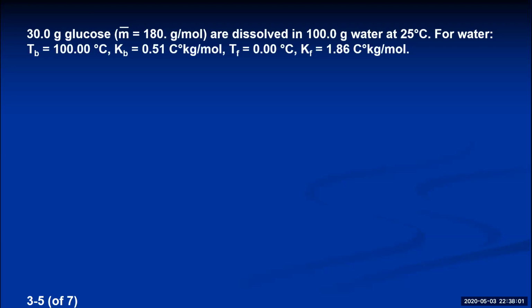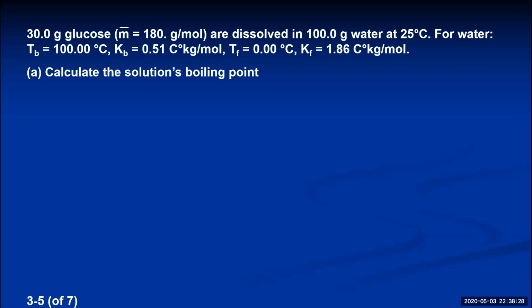For water, its boiling point is 100.00 degrees Celsius, T sub B is boiling point. Its K sub B, molal boiling point constant, is 0.51 Celsius degrees kilograms per mole. Its freezing point, T sub F, is 0.00 degrees Celsius. And its K sub F, its molal freezing point constant, is 1.86 Celsius degrees kilograms per mole.